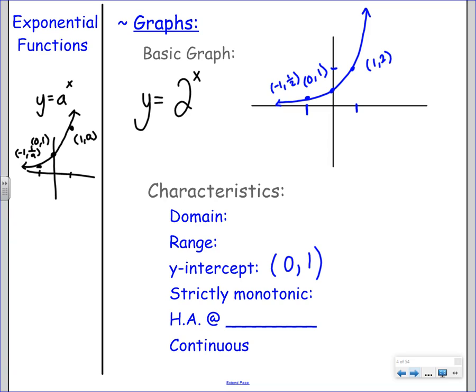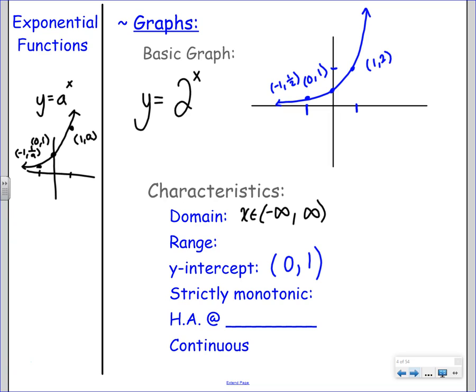Domain, whether you're looking at a general one or a specific one. How far left does it go? Infinity, which is negative infinity, and then how far right does it go? Yeah, it's going to take a while to get to positive infinity, but it's going to keep on going. There's no asymptote, it's going to keep on expanding. It's just going to take a really long time because it's going super, super high, super, super fast. How low does it go?